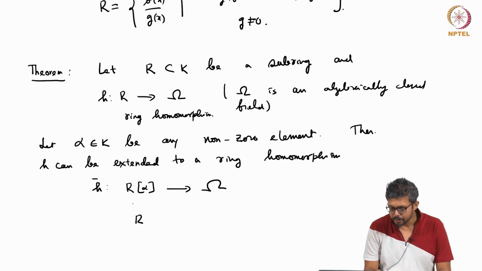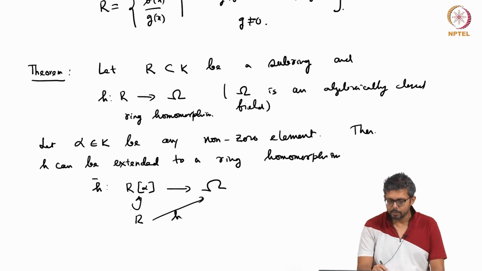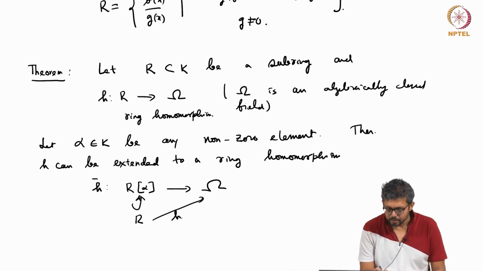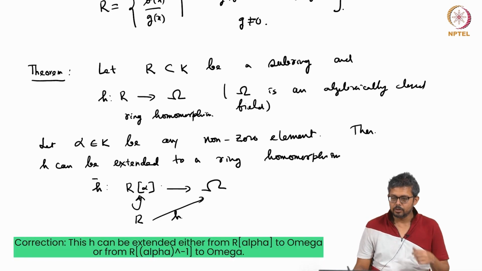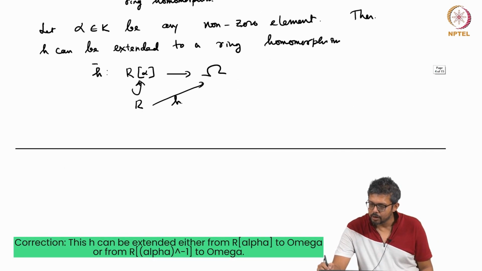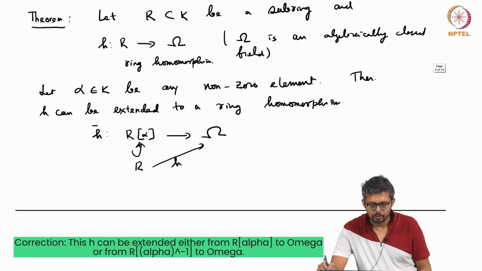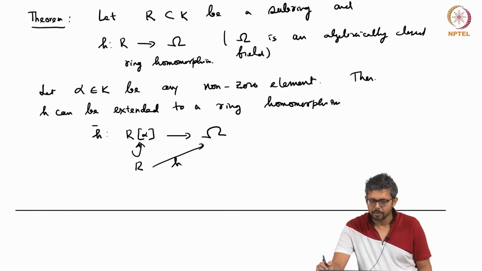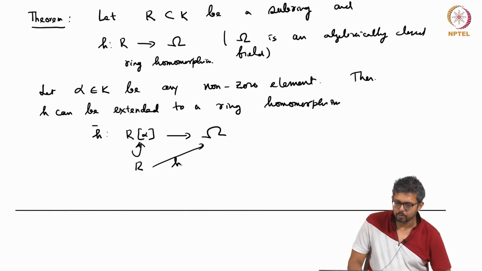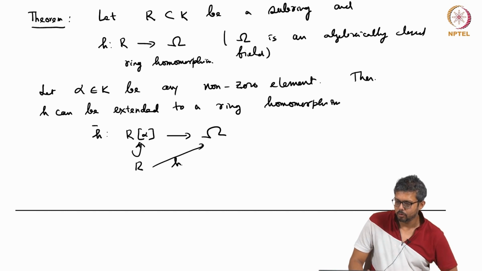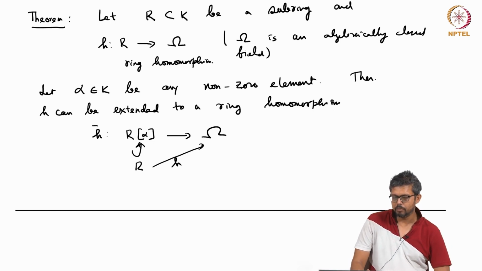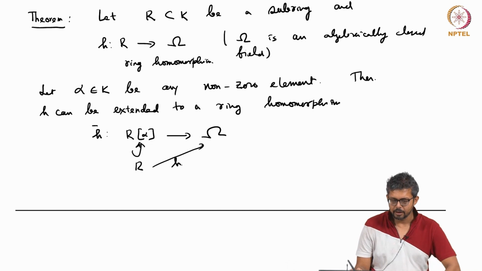So R is sitting here and you already have an h map. So this h map you can extend to R[alpha] to omega. The proof is not very difficult. When you take R to be a field, it's like you attach a root. In the case of rings, it follows exactly the same way.